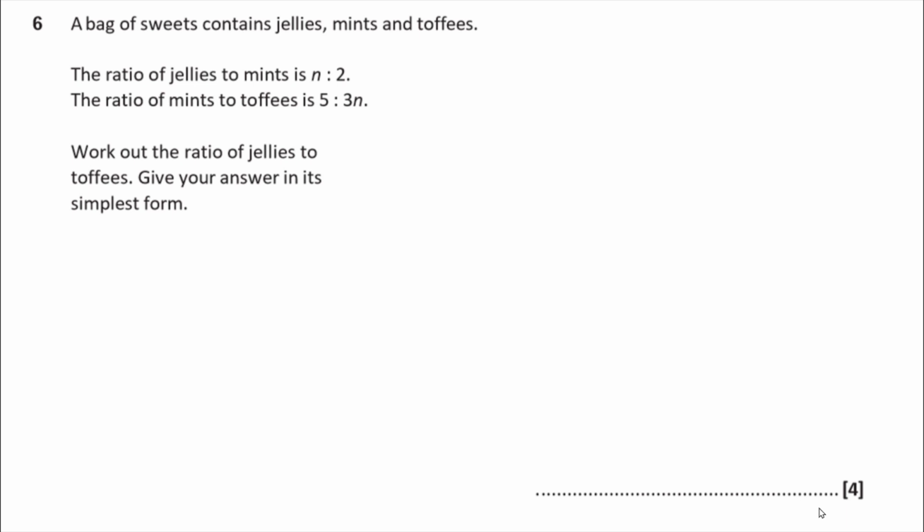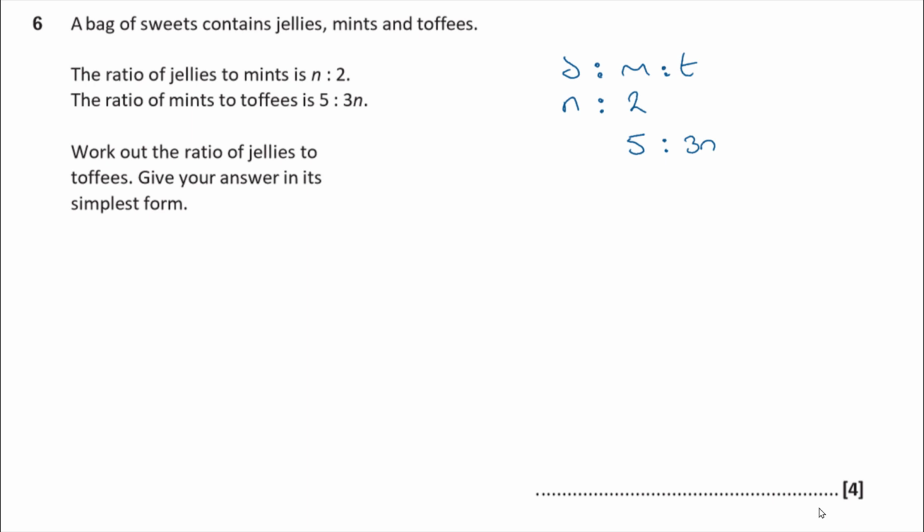Okay, so we've got jellies and mints and toffees. We know that the ratio of jellies to mints is n to 2, and the ratio of mints to toffees is 5 to 3n. Now I think what we want to do is combine those together. The way to do that is to find a common multiple of these 2 numbers here, 2 and 5 in the middle.